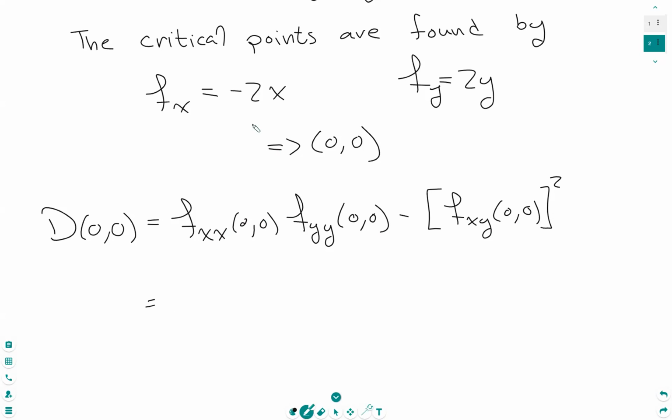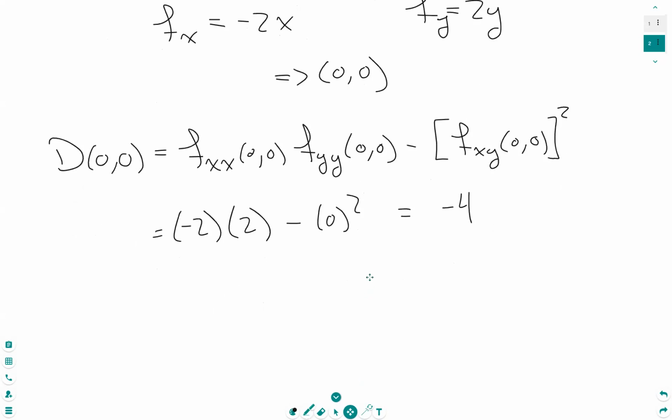The second derivative of f with respect to x is just negative 2. We don't even have to plug in (0, 0), it's just a constant. Then the second derivative with respect to y gives us 2. And now we're subtracting fxy or fyx, because these are continuous functions, it doesn't matter which order we do it in. It's going to end up just being 0. So this is going to give us negative 4.